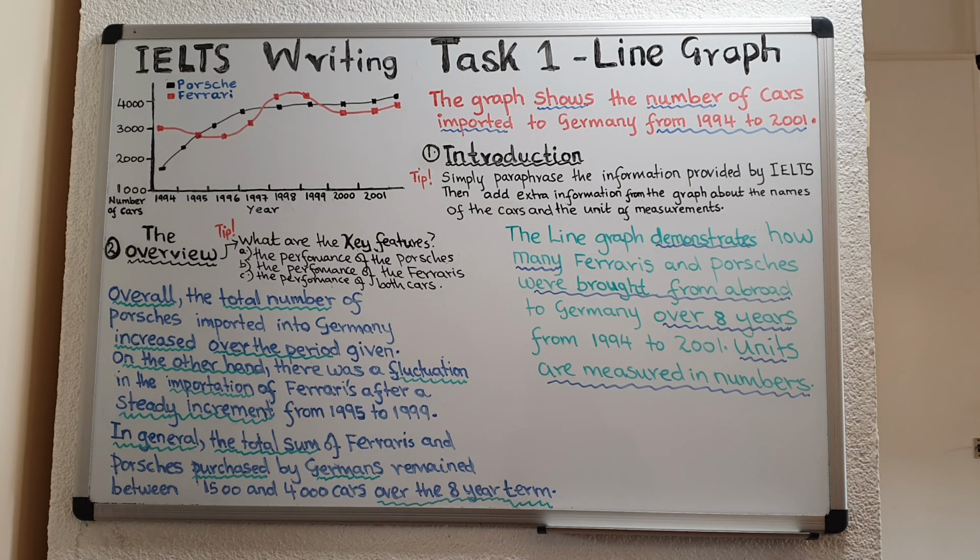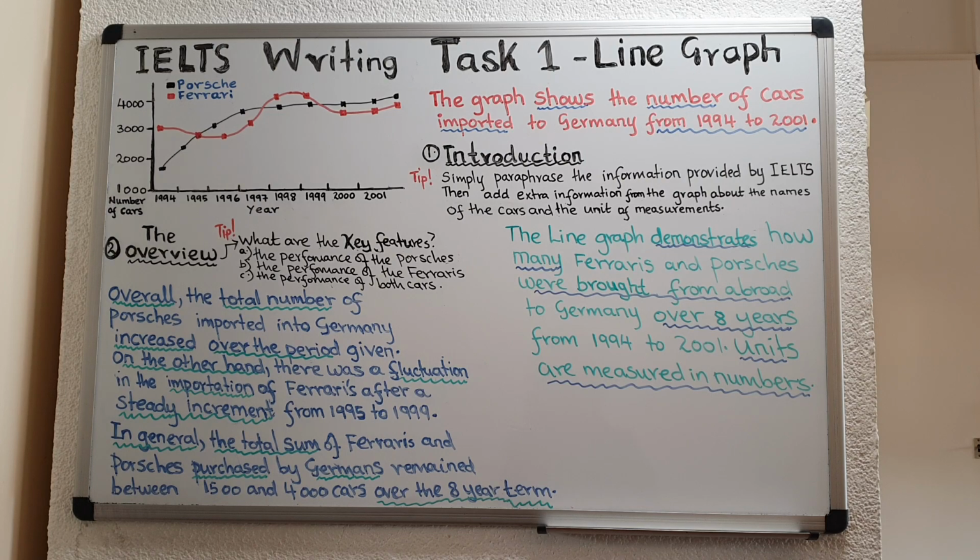That's for the introduction. Then for the overview, remember to begin with the word overall. Okay? Begin with the word overall. That word is very useful because it signals that you are summarizing the information in the line graph. The next tip, try and replace the words as you carry on writing the rest of the paragraph. Okay? Use synonyms.